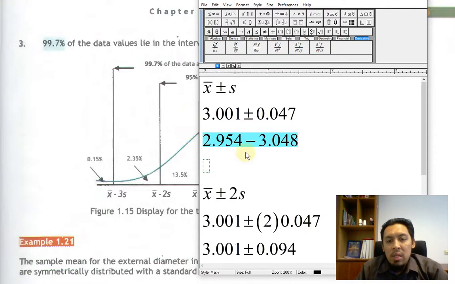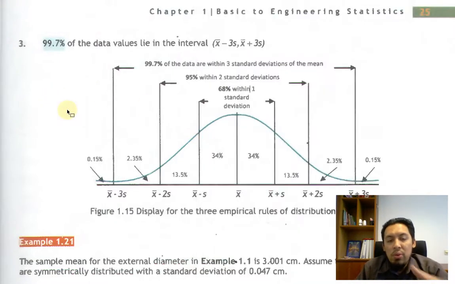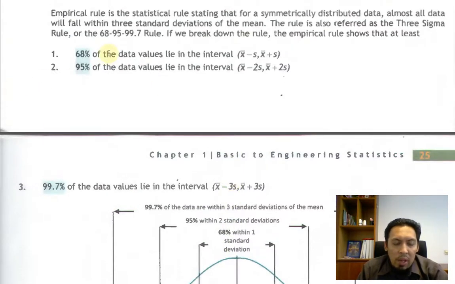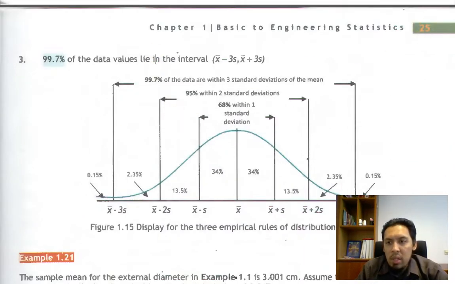Okay, if we try to expand it further, we look at the 2 standard deviation, which is this range. We can say that 95% of the data value lies within this range.